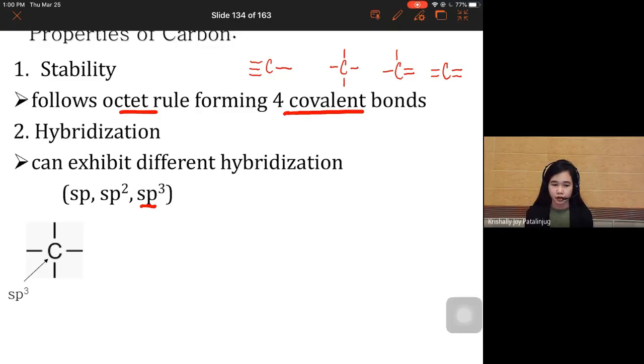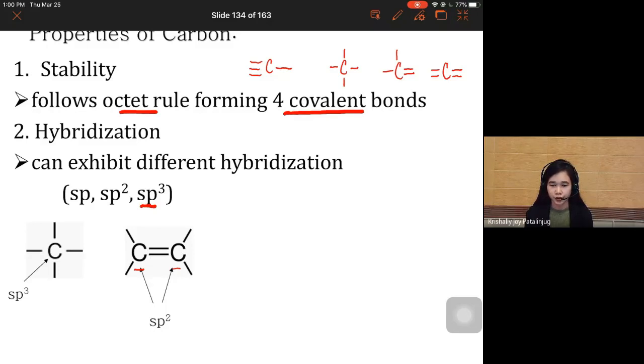Kailan naman siya nag-exist as sp2 hybridized? When the central atom is in trigonal planar orientation, for example carbon, it will exist in sp2 hybridization.